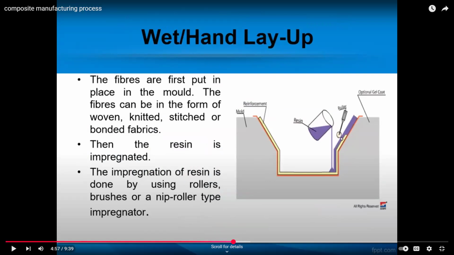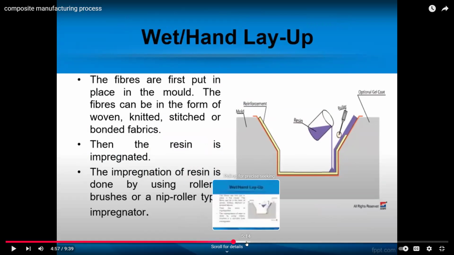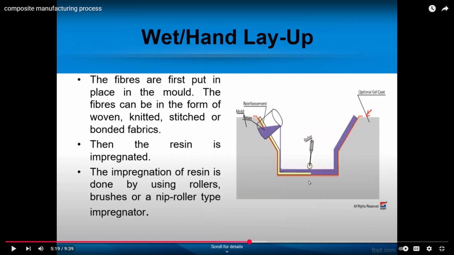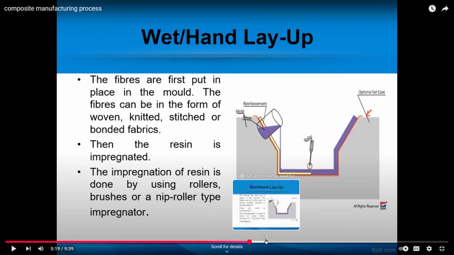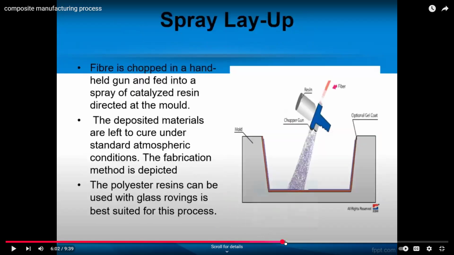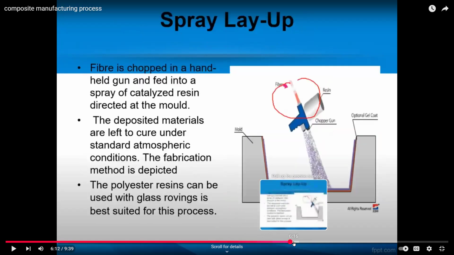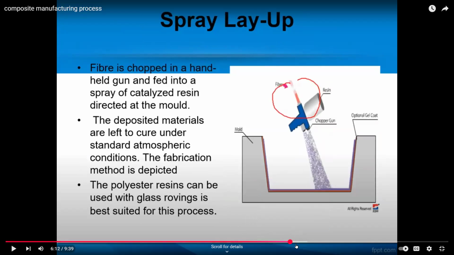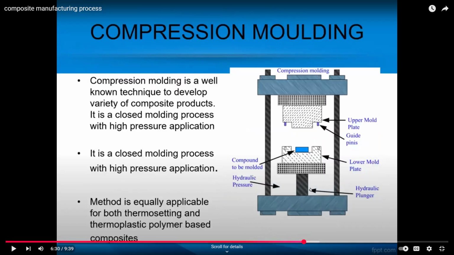Using just a roller, we impregnate this resin into the fibers, the composites, until the resin is fully impregnated into the composite. This is a real picture. Sometimes we can spray, especially short fiber. And sometimes we can use compression molding.